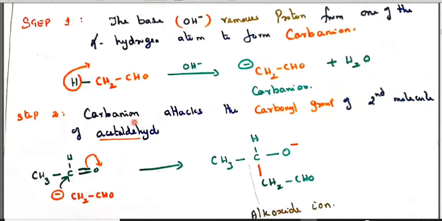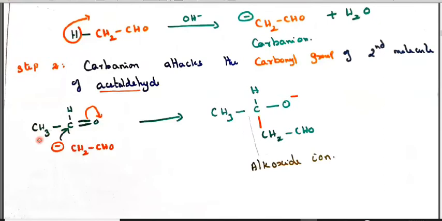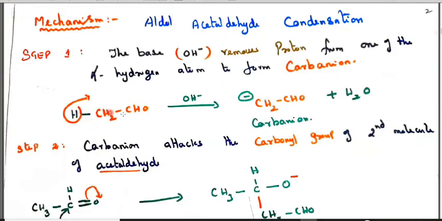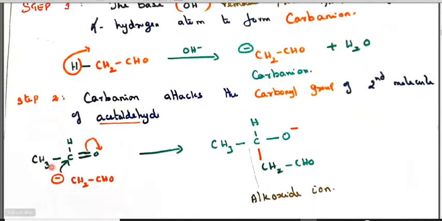In step 2, the carbanion attacks the carbonyl group of the second molecule of acetaldehyde. Here the second molecule I have taken in structural form, CH3CH=O. In step 1 I took acetaldehyde in molecular form, but here in structural form.